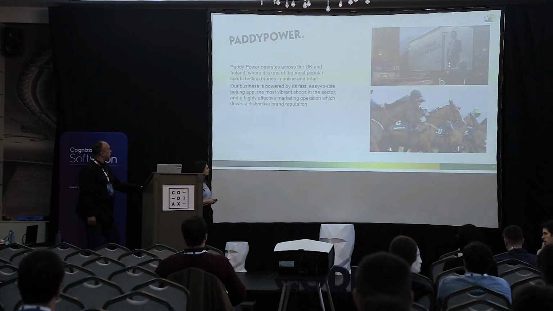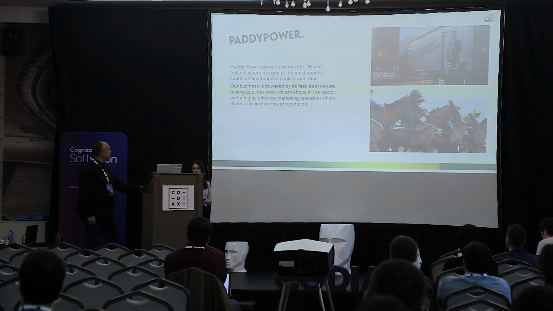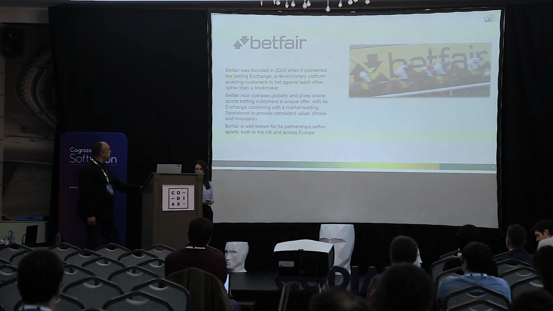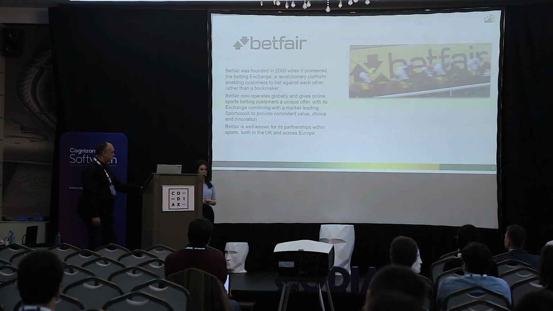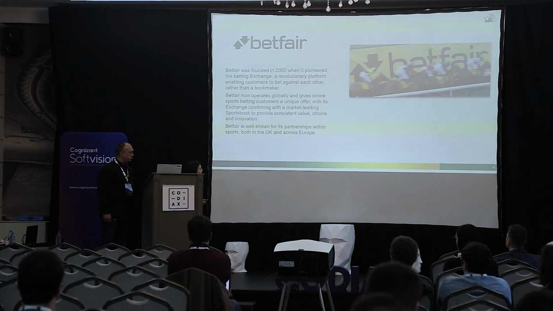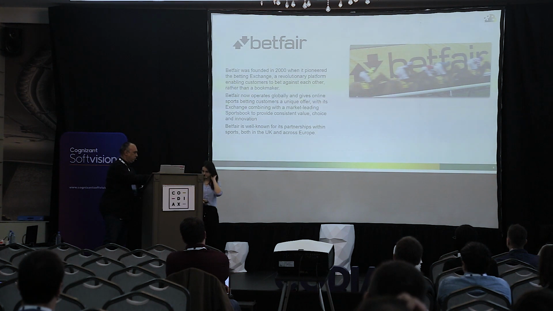In retail, we have more than 600 physical shops, which is quite awesome. While Betfair is our global online brand, it is well known for our revolutionary platform, Exchange. Exchange allows our customers to bet against each other.